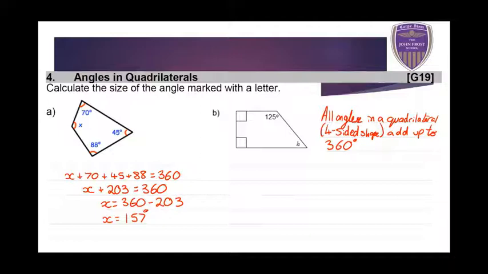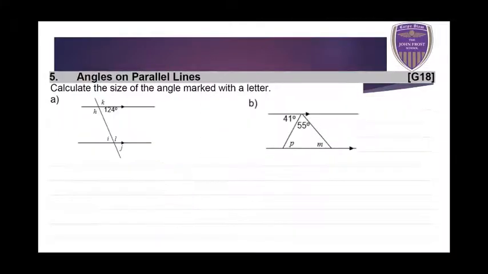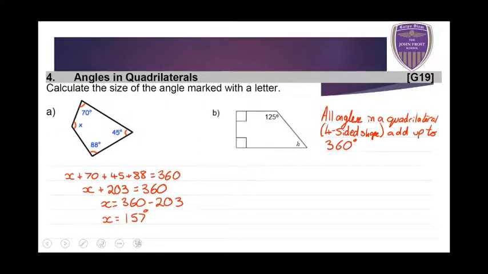So the next one now, B. So again, we've got these two right angles, remember? So these angles are equal to 90 degrees, okay? So what angles have we got in here? Well, we've got H, we've got 90, we've got another 90, and we've got 125 degrees. And these all have to equal 360 degrees, okay?